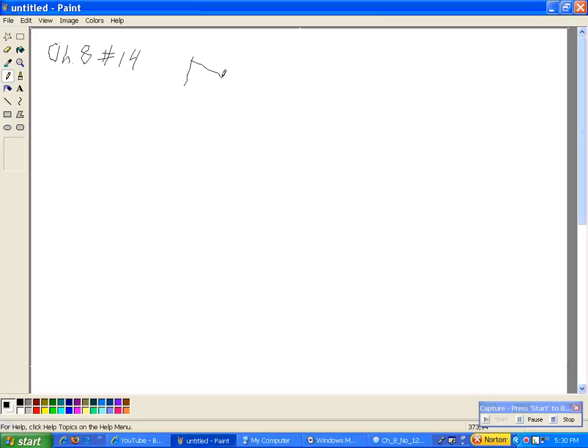Do a drawing. And they tell us how steep the slope is. They give us theta. And here's the beautiful sled. So it goes up and then it stops at a certain point. Now it tells us the height.